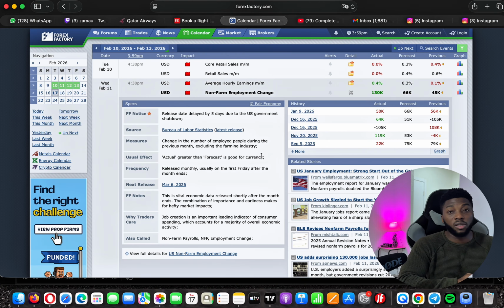USD and gold usually have a correlation between the two: whenever the USD DXY currency is good, gold is bad, and whenever it's bad, gold is good. So if it goes up, gold comes down; if it goes down, gold goes up, and almost the same thing with other pairs. Whenever you are pairing two currencies, whenever one is up, the other one is down. It's the same concept basically.